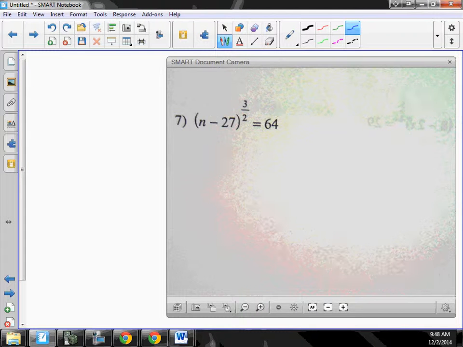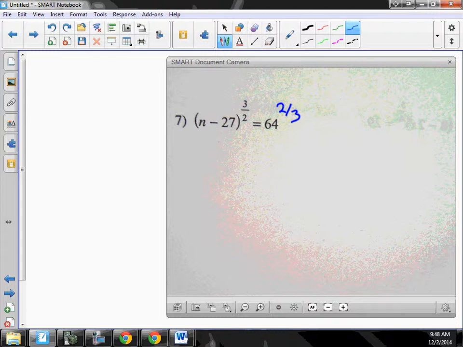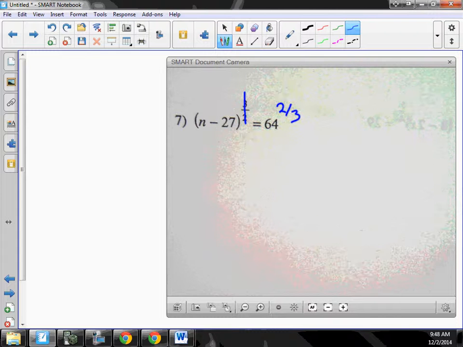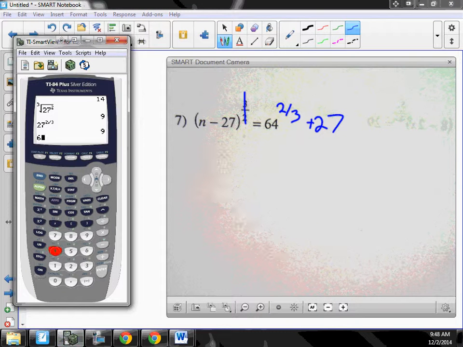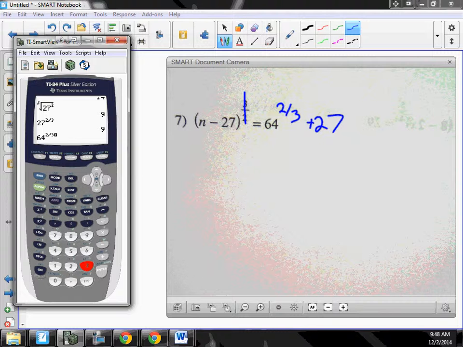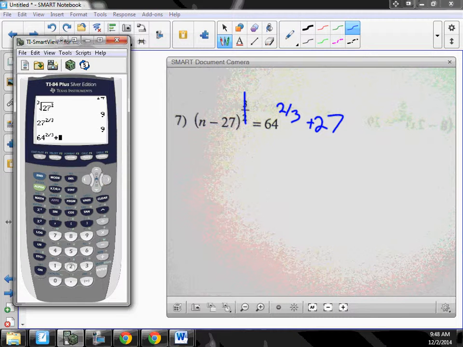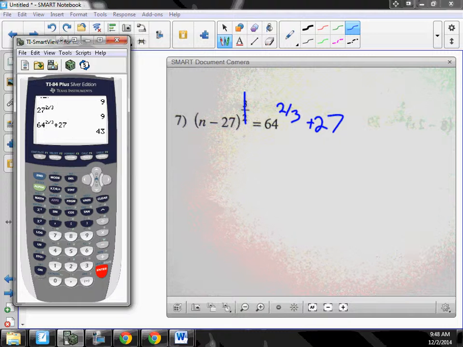Raise it to the 2 thirds. So 64 to the 2 thirds. That cancels this. Then what? Then I would add 27. So 64 raised to the 2 thirds, plus 27 will be 43.